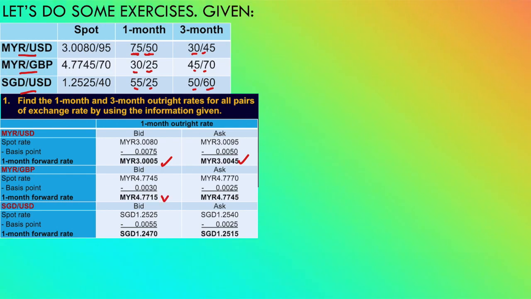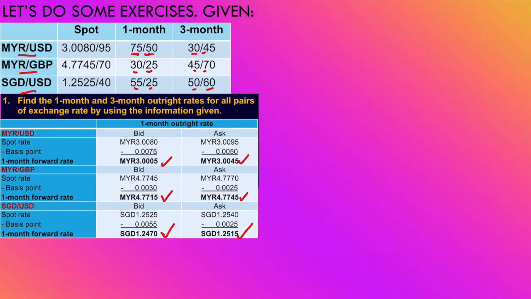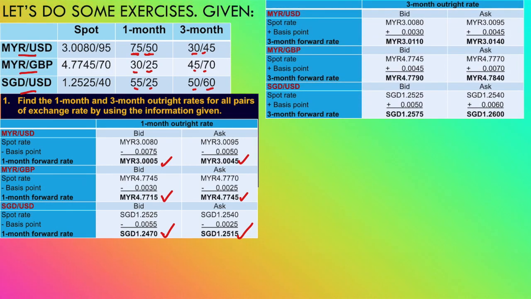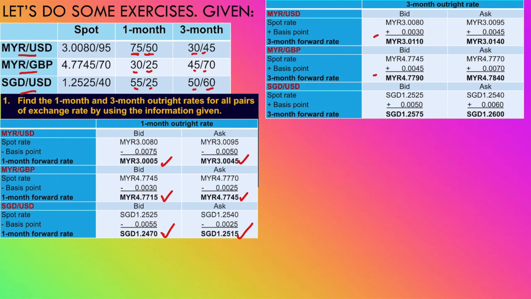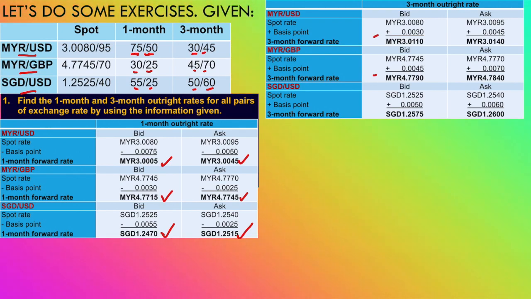So this one is the answer for each currency for 1 month outright rates. And for 3 months, because of the bid rate lower than ask rate, so you have to add all this for the spot rate plus the basis point, so you will get the 3 months forward rate for Malaysia US dollar, Malaysia GBP, and Singapore US dollar. It's easier, right?